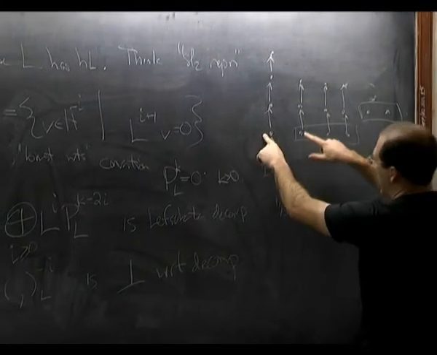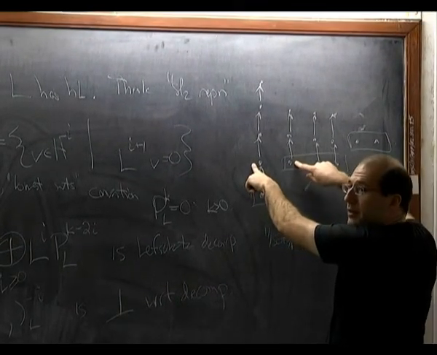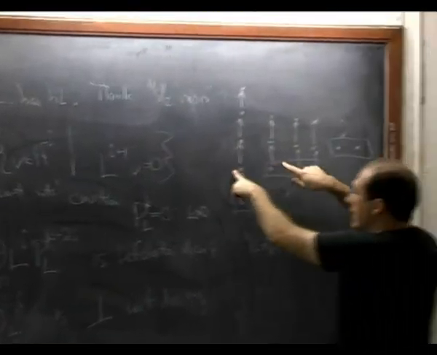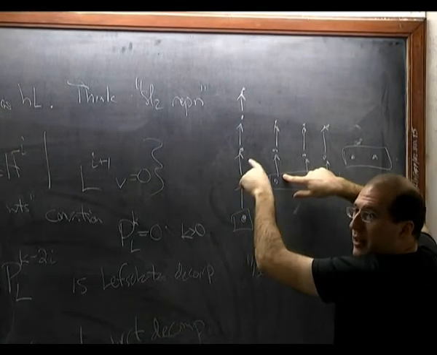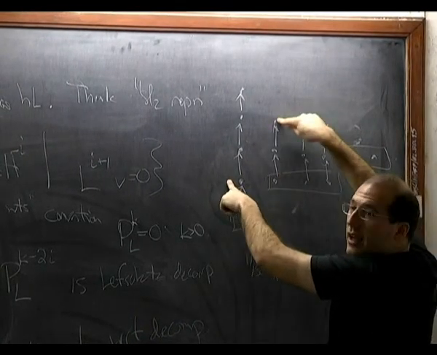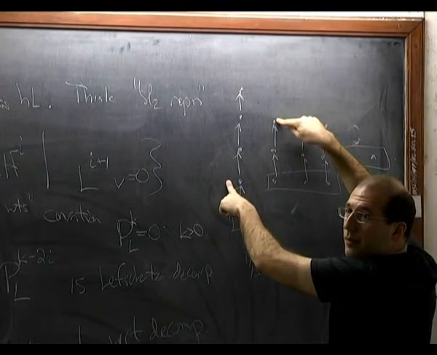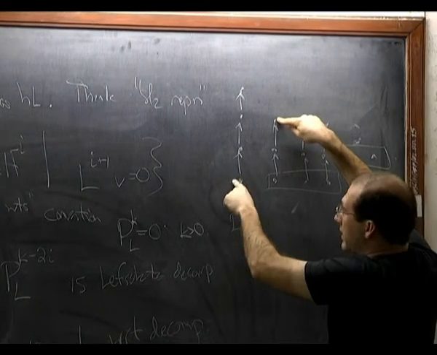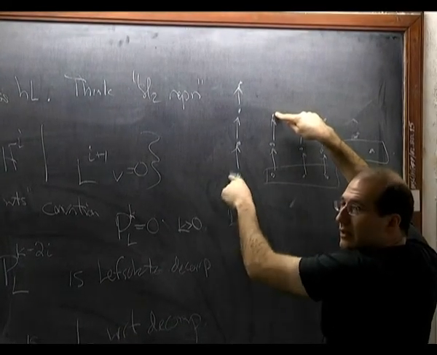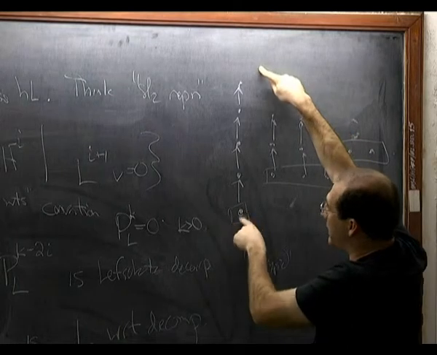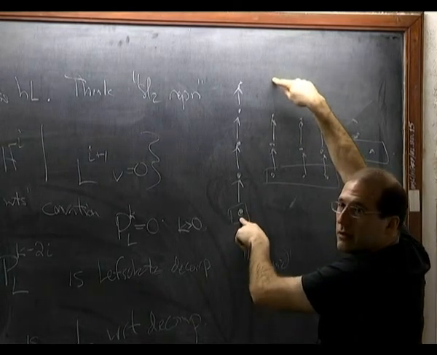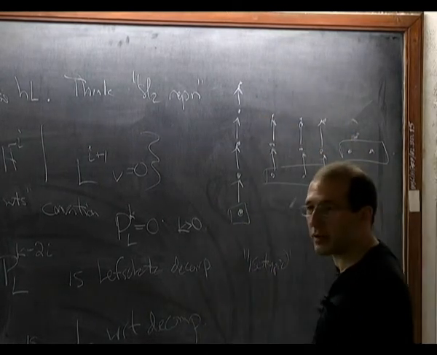Suppose we want to pair this guy against this guy. They're in two different spots. Pairing this guy against this guy in the Lefschetz form is pairing this guy against L squared this guy in the normal form. But L is a Lefschetz operator, and this guy is in the image of L. So you can move the L over there, and it's the same as pairing him against 0. So this argument always works.